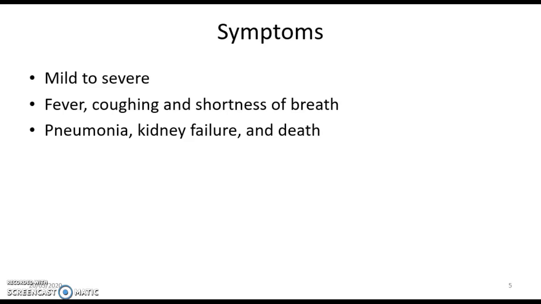There are certain groups that are more at risk for developing severe symptoms, especially those who are over 4 years old or those having chronic diseases such as diabetes, hypertension, coronary artery disease, chronic pulmonary disease, or cancer.